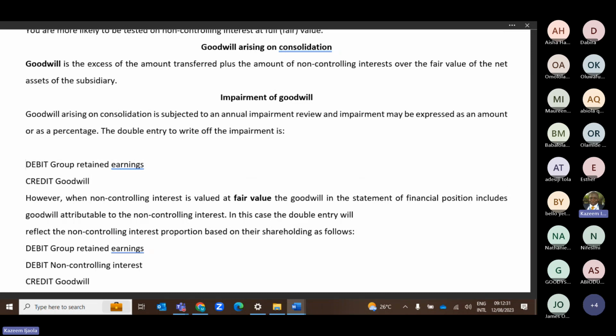If your NCI is valued at the proportionate share of net asset method, you debit your reserve with the entire amount of impairment and credit your goodwill.